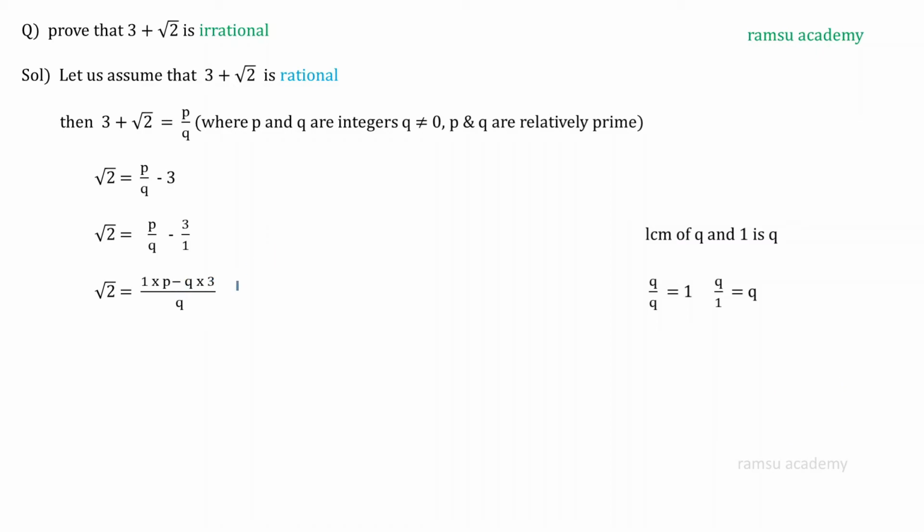So write q into 3 here. Now 1 into p is 1p or p. q into 3, 3q. So we can write this as root 2 is equal to p minus 3q by q, a fraction.